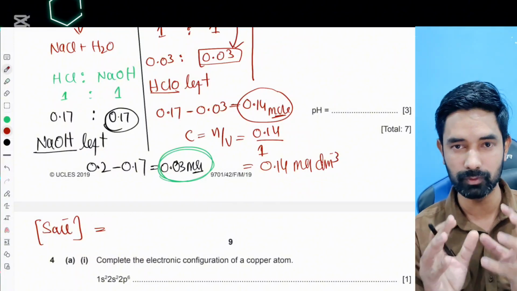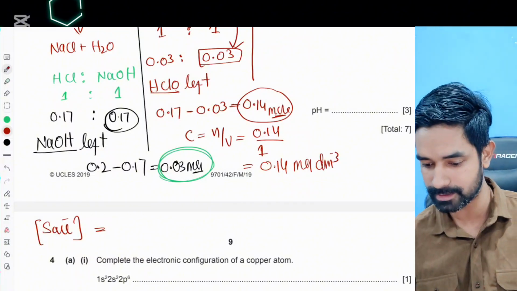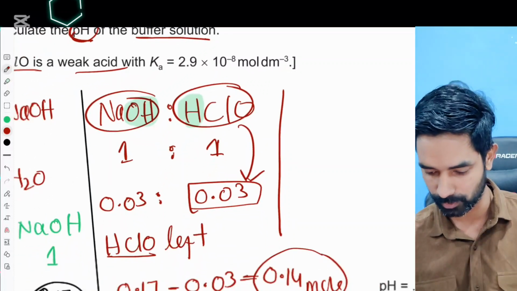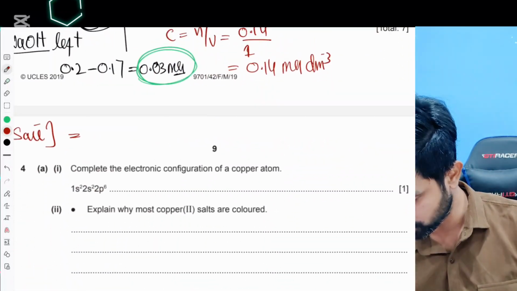देखो सॉल्ट की कॉन्सेंट्रेशन, वो वाले सॉल्ट की कॉन्सेंट्रेशन चाहिए जो वीक एसिड और स्ट्रॉन्ग बेस के बीच का सॉल्ट बना है. Since the ratio is 1:1, let me write the reaction over here.